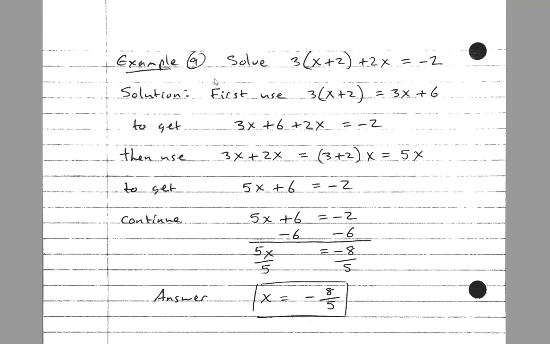Okay, one more example. Example 9, solve 3 times x plus 2 in parentheses plus 2x equals negative 2. The first thing to do here is to remove these parentheses. So we're going to distribute, so we get 3 times x plus 3 times 2.